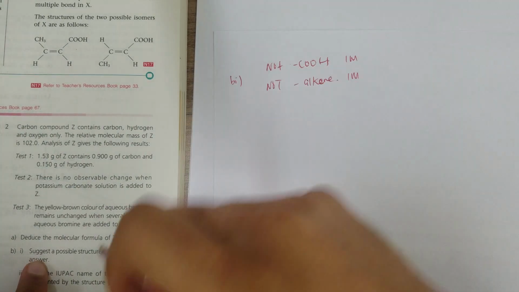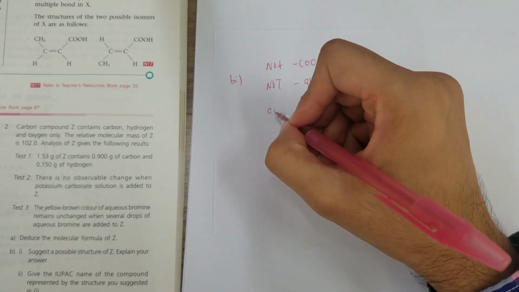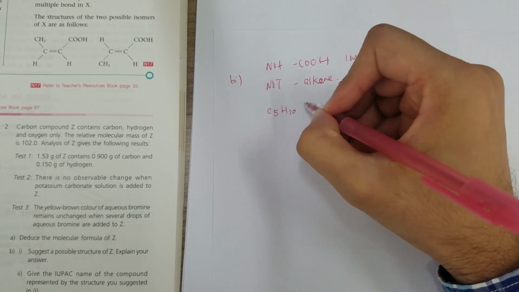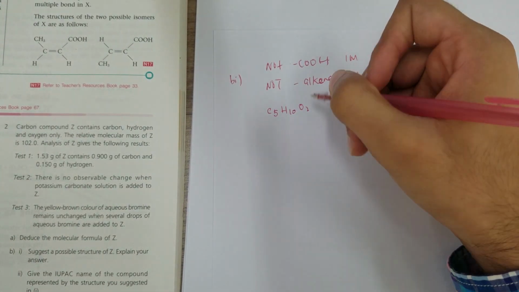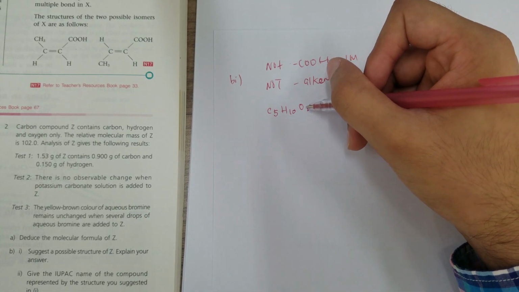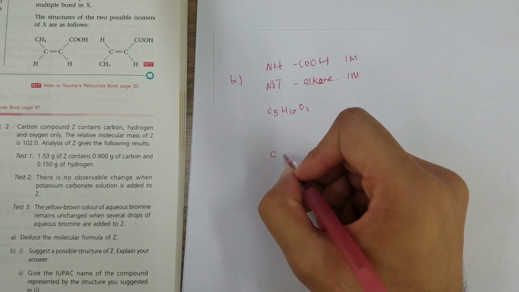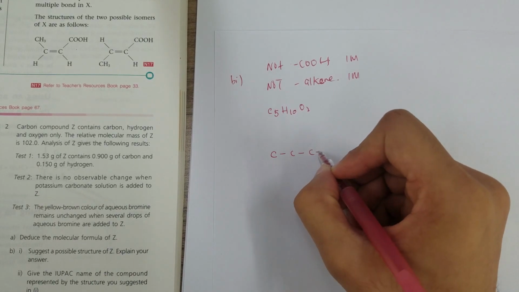Now you have to suggest a possible structure. So there will be many possibilities, you just have to write down one. So let's look at it again, C5H10O2. Now if it's not carboxylic acid and there are 2 oxygens, so that means they must be separated. So let's look at the possibilities. So we have C, 1, 2, 3, 4, 5.